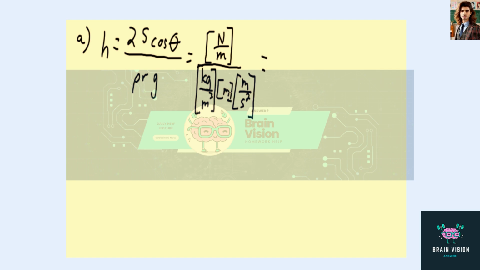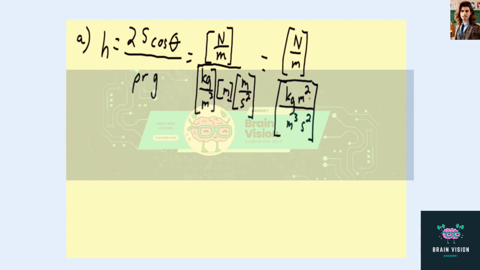So what we have here is newtons per meter over kilogram, meters times meters is meters squared, over meter cubed second squared. So let's put our brackets in there, and let's see what we've got.